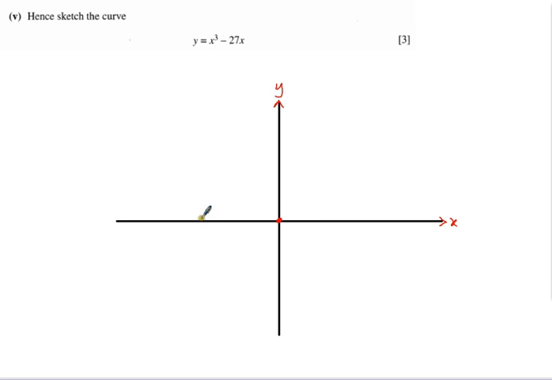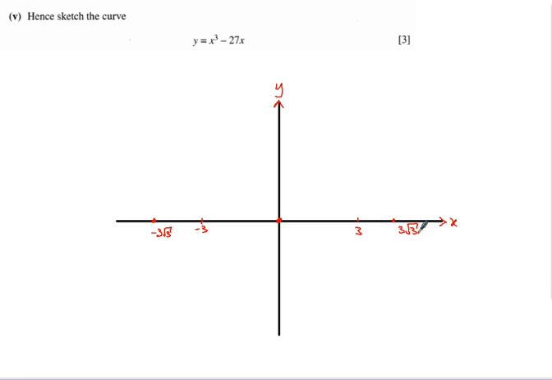I know I've a maximum and a minimum point at minus 3 and 3. And it also crosses at plus or minus 3 root 3, which is roughly about just after plus or minus 5. But I'm just going to put minus 3 root 3 there. And over here, 3 root 3.